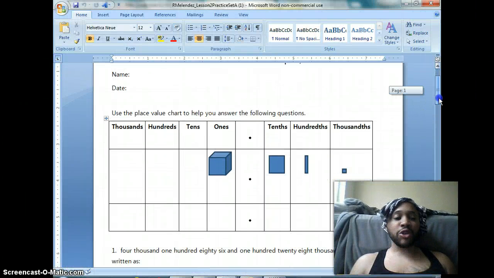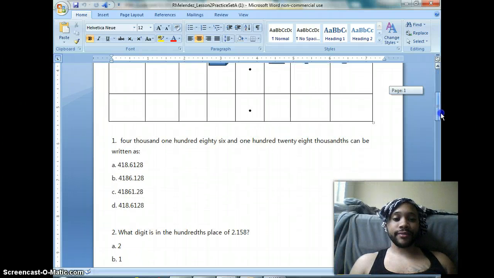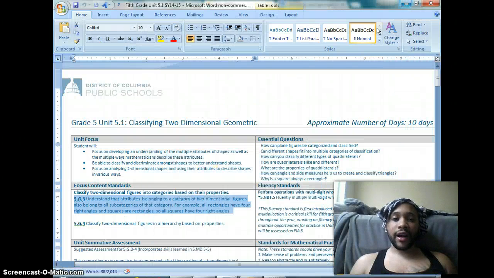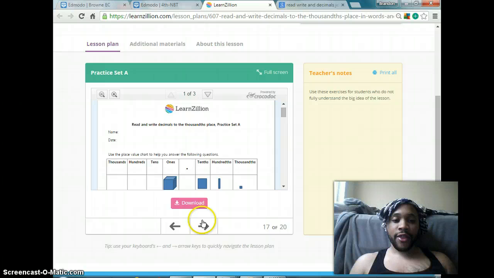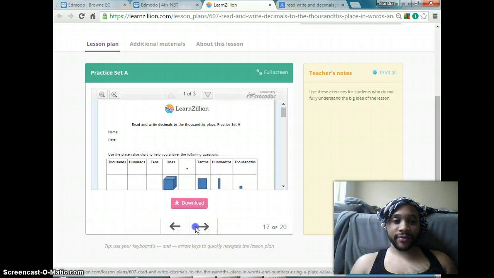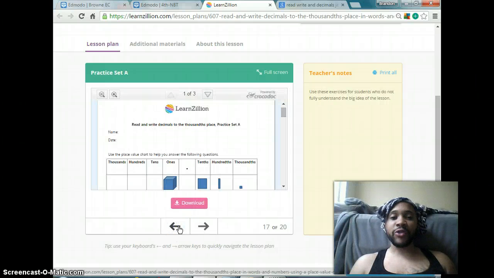And you guys can also complete this activity in your notebooks. Alright? There are actually 3 different problem sets that you can do, so you don't have to stick with one. You can do all 3 if you want. You can do one. It's really up to you.